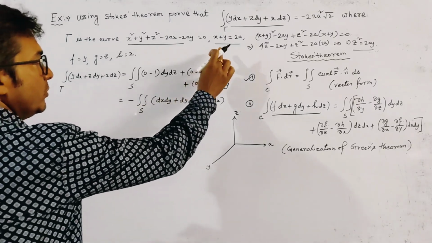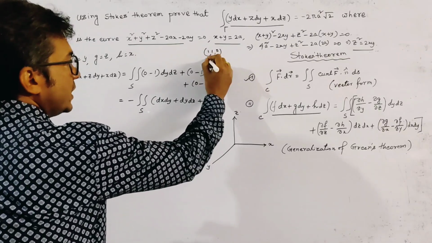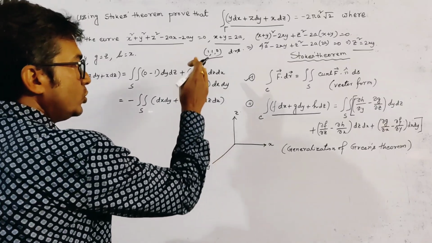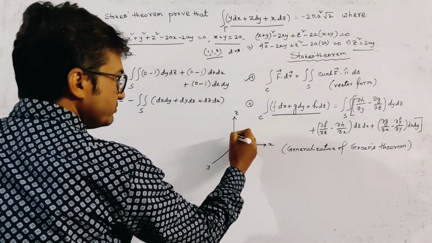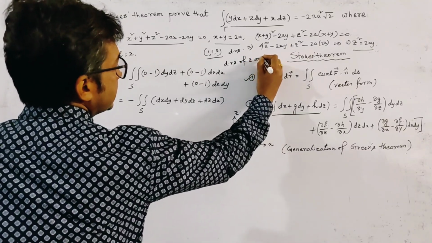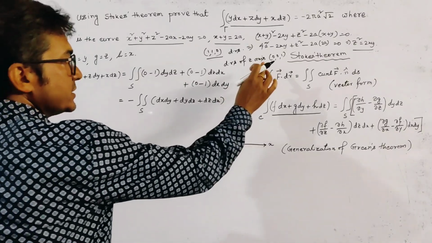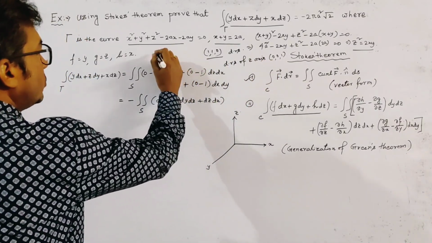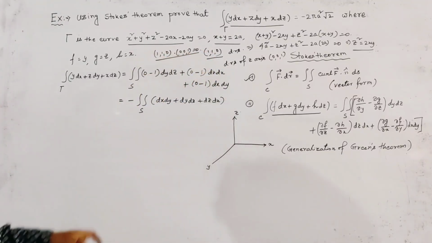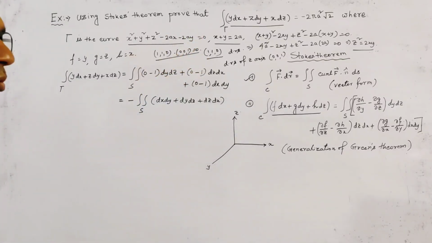Clearly for this plane, 1, 1, 0 is the direction ratio of the normal to the plane. The direction ratio of the z-axis is obviously 0, 0, 1, and since the dot product of 1, 1, 0 with 0, 0, 1 is 1 into 0 plus 1 into 0 plus 0 into 1, this is equal to 0.